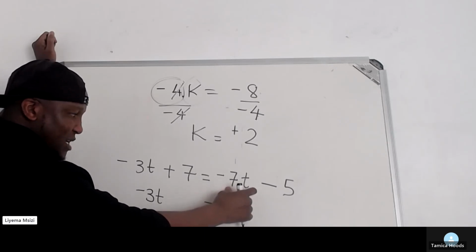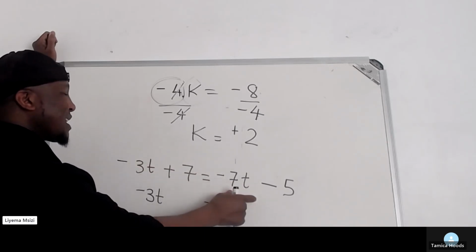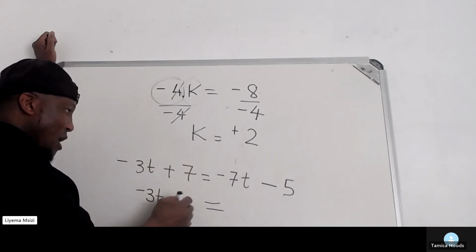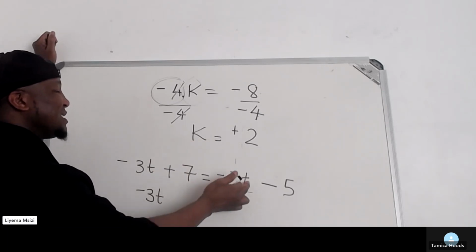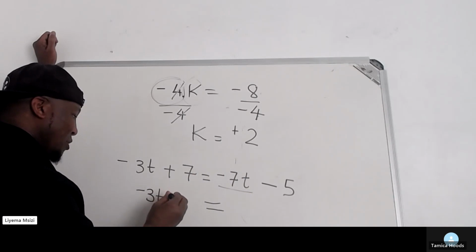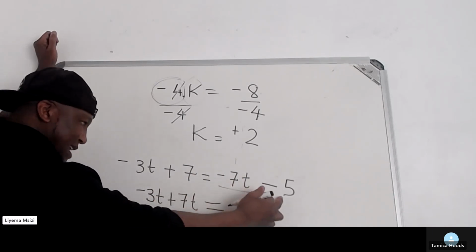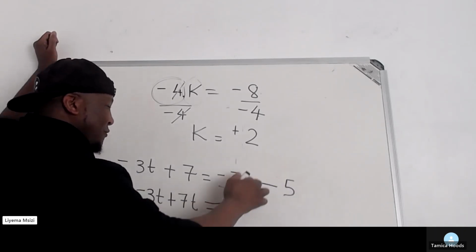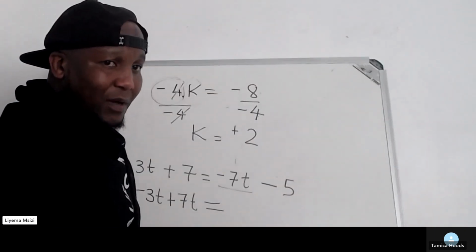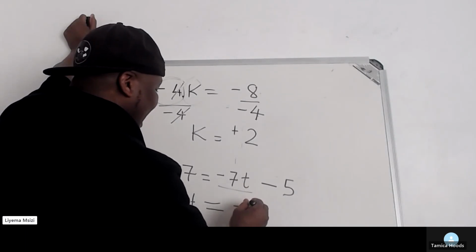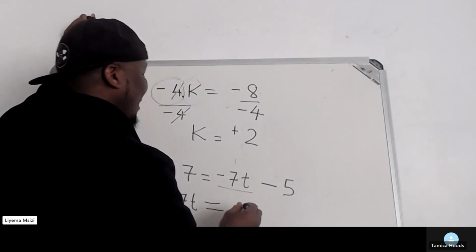These are like terms, both with a t, so it must come over the equal sign. But this is negative 7t. Once it jumps over, it's going to become what? Plus 7t. On the right-hand side, we are left with negative 5, because we look at the sign of the number on the left. So this is negative 5.